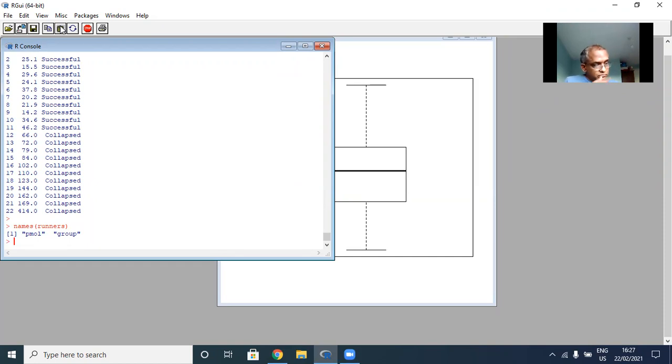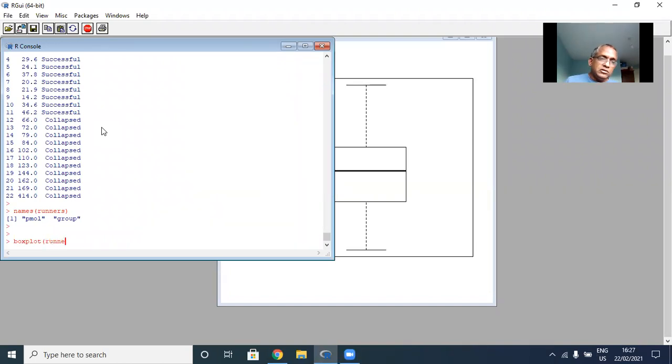Now, let me show you what we can do with this data. If you want to do a box plot of PMOL, well, you can do it like this.